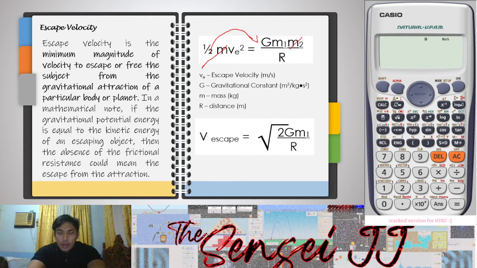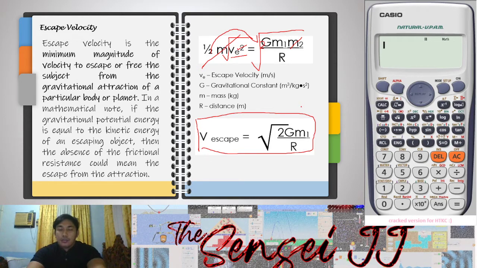Cancel this mass and the other mass, and what we have is VE squared equals 2 G M1 all over R. Since this is squared, we put a square root in here, and this will leave us a formula of velocity of escape equivalent to the square root of 2 times the gravitational constant multiplied by our mass 1 all over R. So R is included in our square root sign.